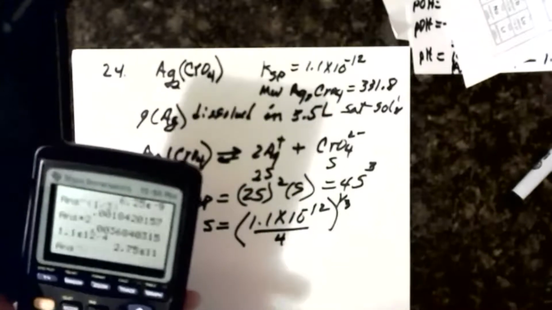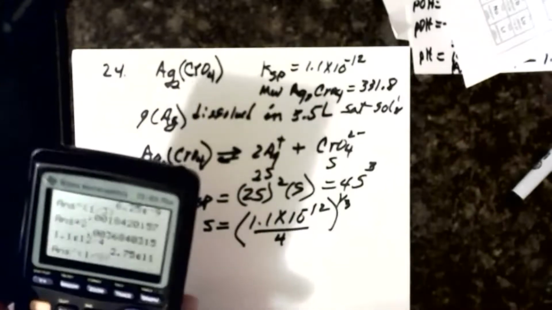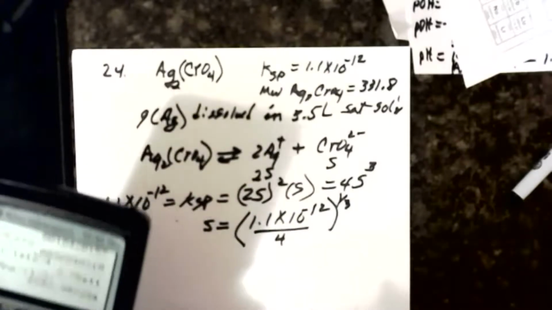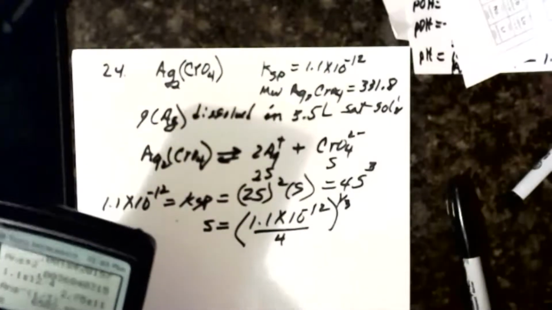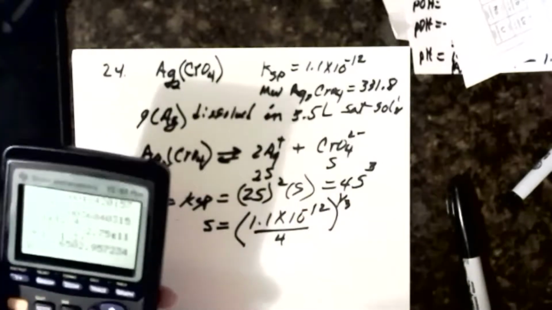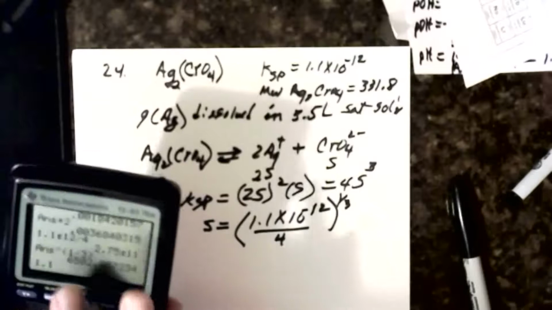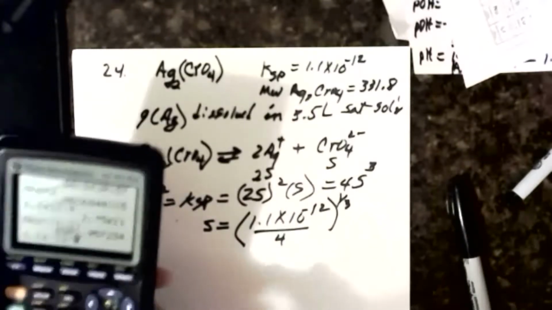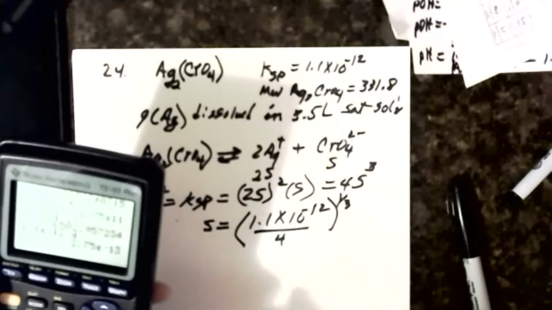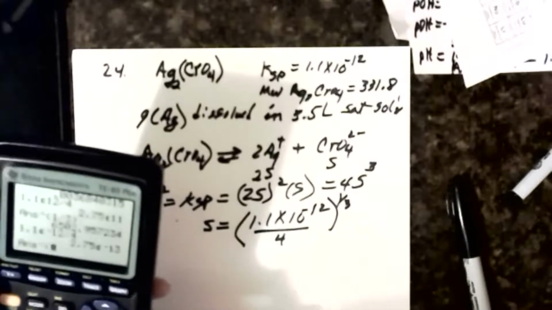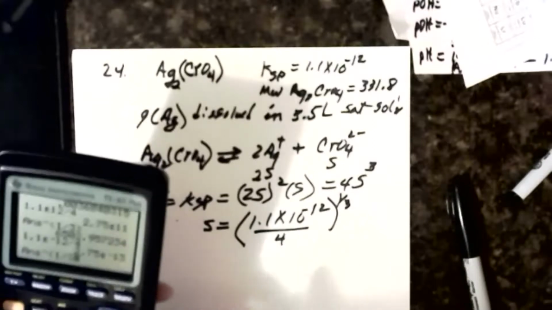Then I raise that to the 1 divided by 3 power. And I get a mistake. I put the constant plus 12 in. So let's do it again. 1.1 exponent minus 12 divided by 4 is that, and then raise that to the 1 divided by 3 power.